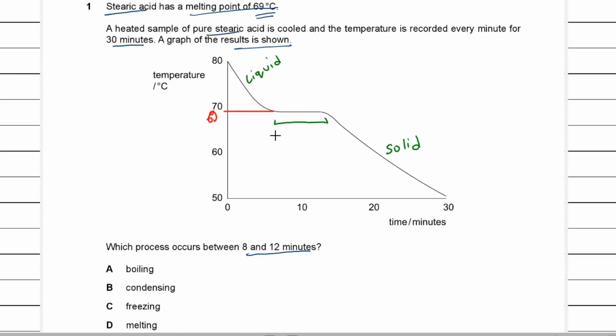So we can say change of state, and over here we are going from solid to liquid. But over here it is a cooling curve. Okay, so it's a cooling curve. So that means that we are actually taking a look from liquid to solid.